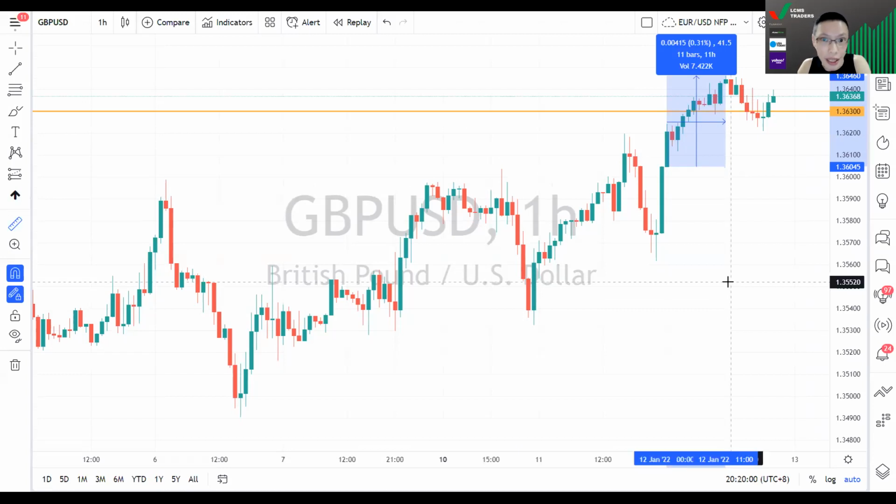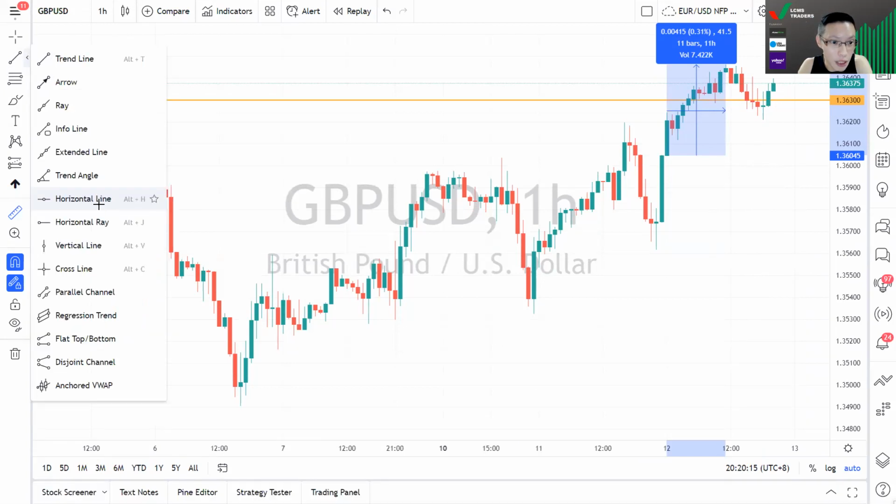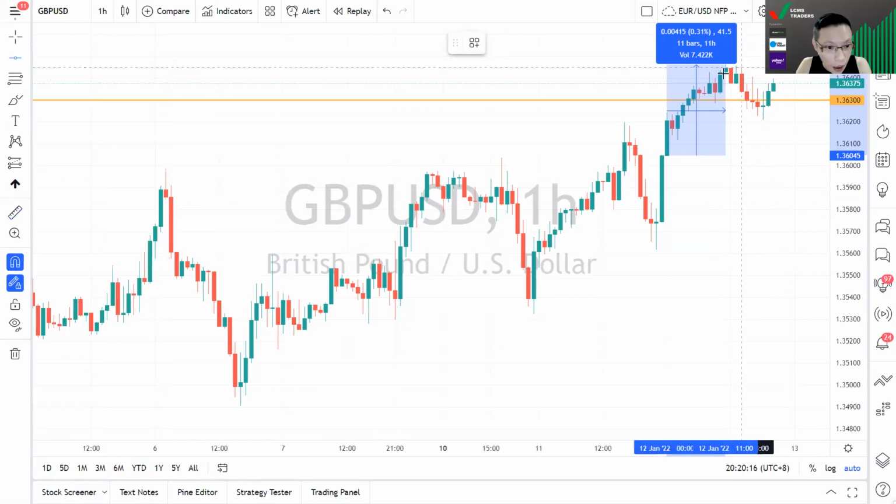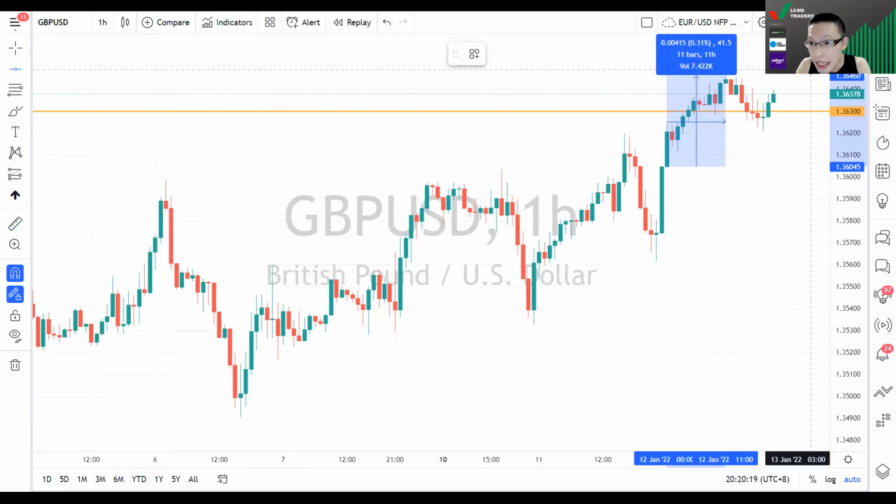I would say if the US CPI data turns out to be better than expected, it may lead to a weakening of the US dollar, and the resistance level here may actually be broken. In the case of it being broken, I will look at a buy entry at 1.365.